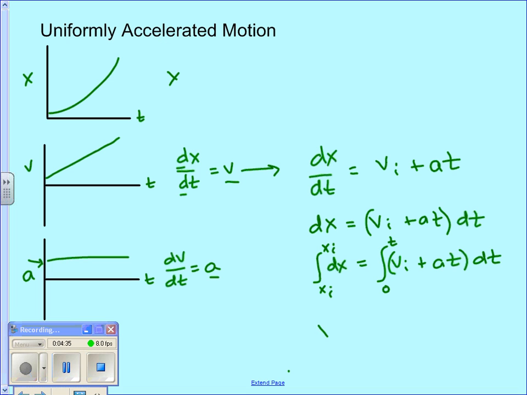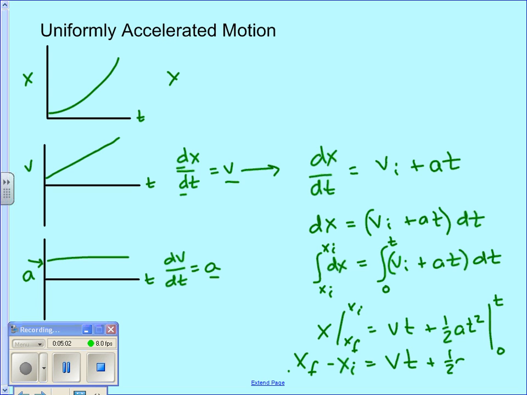The integral of dx is just x, evaluated from xi to xf. The other integral will be vi times t plus 1/2 at squared, evaluated from 0 to t. Cleaning this up, xf minus xi equals vi t plus 1/2 a t squared.